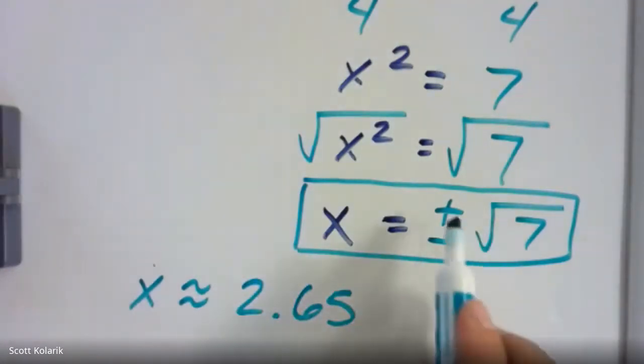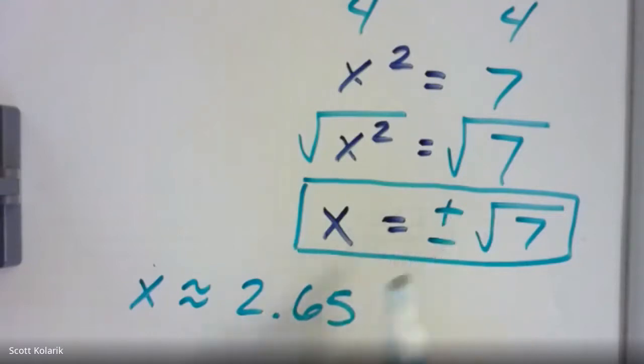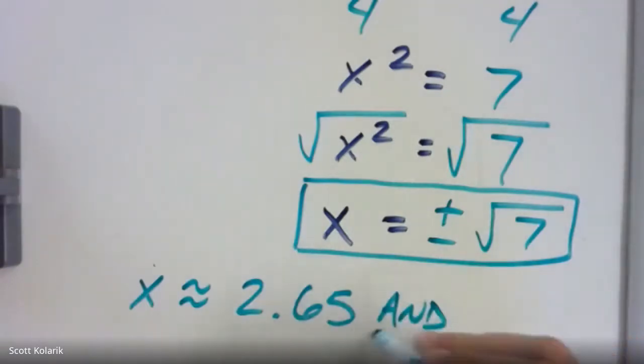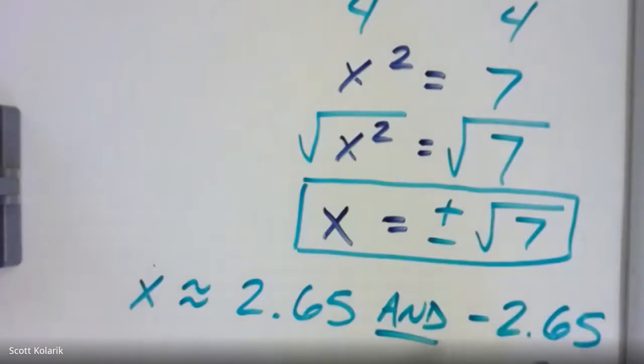But please keep in mind, because of the plus or minus, not only is 2.65 squared going to give me back 7, but also the negative version of that number, because the negative times itself will give me a positive, and I'll get right back to the same result. So if it asks you to round to the nearest hundredth, then just be aware you're doing that calculator work. Otherwise, this would be what we call the exact solution, the simplified version of the radical.